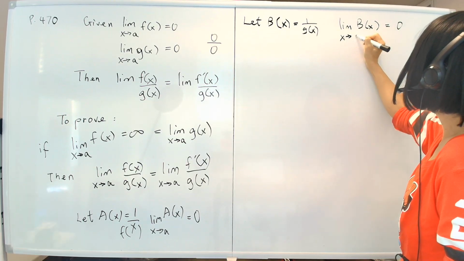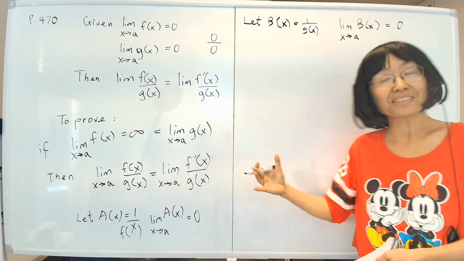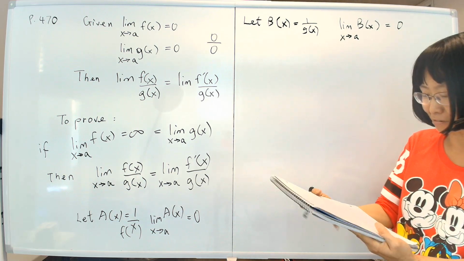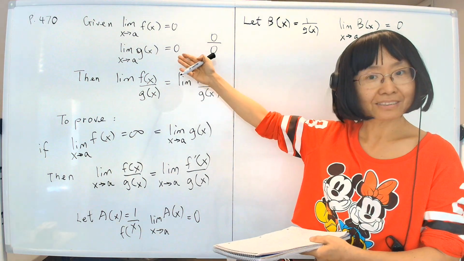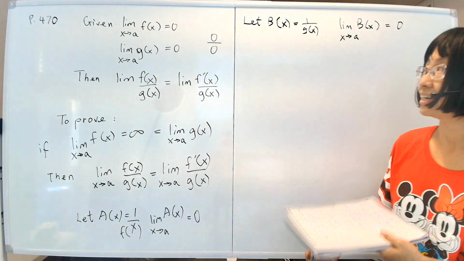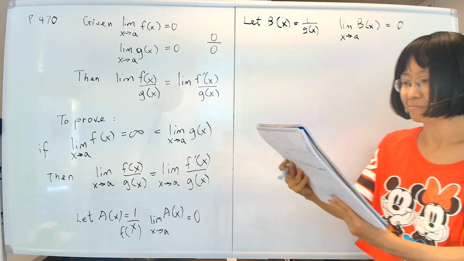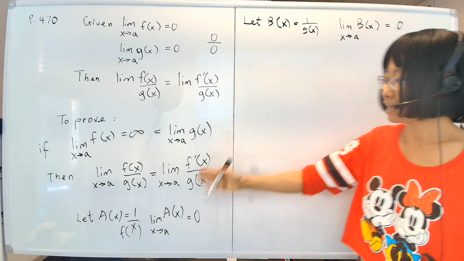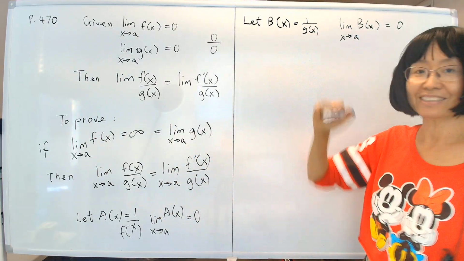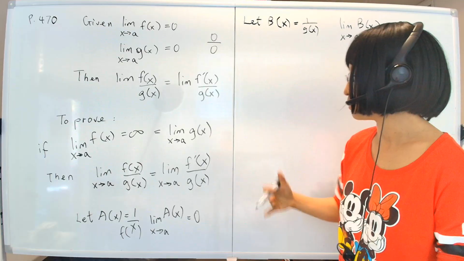So far, we're still just setting up the problem. We haven't done a whole lot yet, but you can see that I'm trying to take advantage of the 0 over 0 case. So how are we going to do that? Let's calculate a of x and b of x and see if something good falls out of all this.